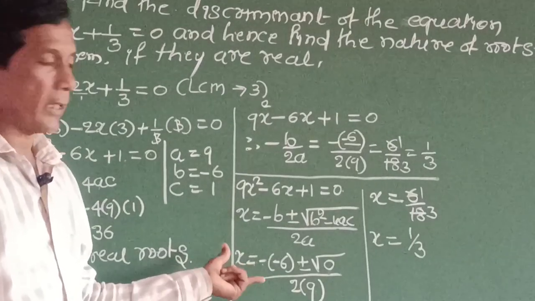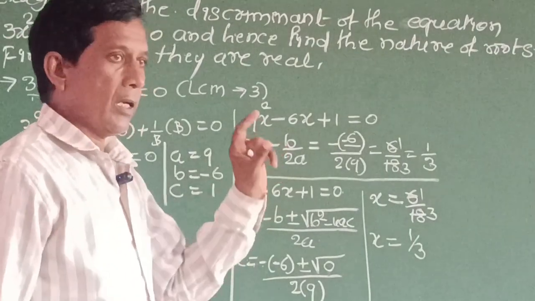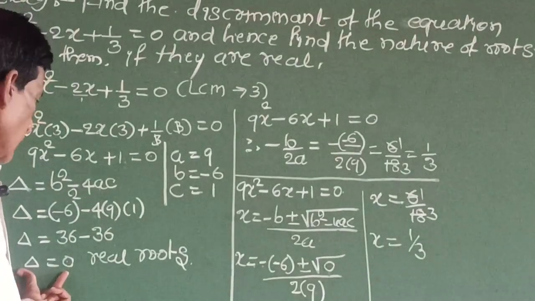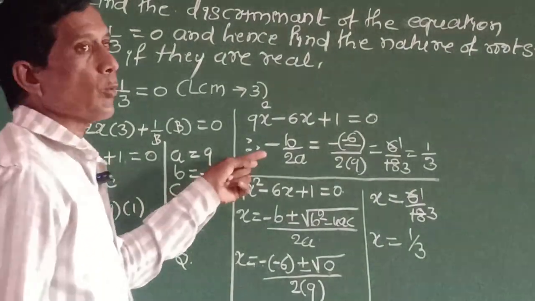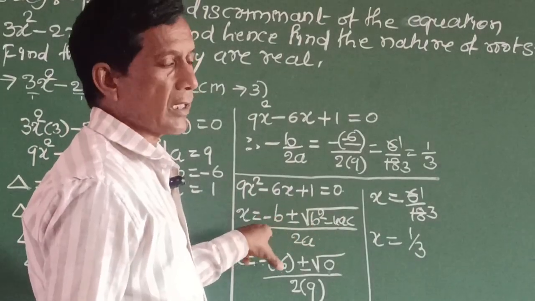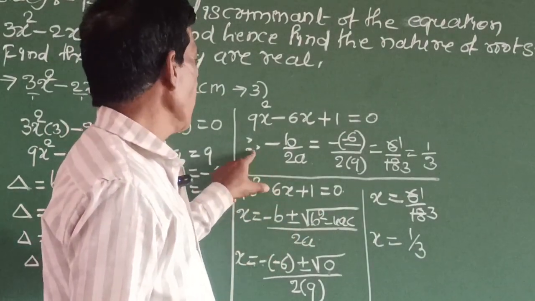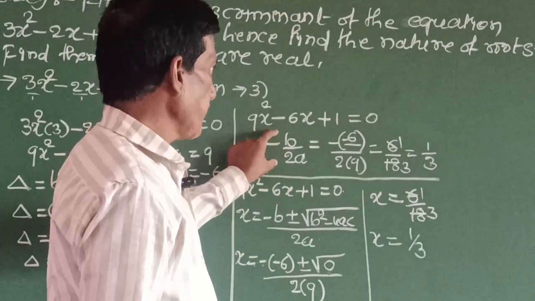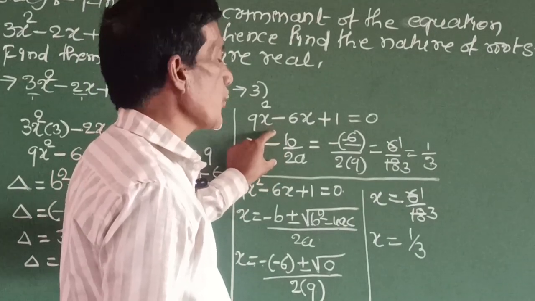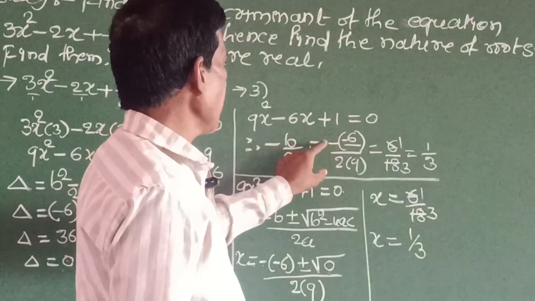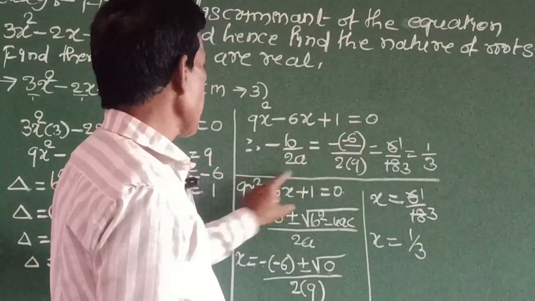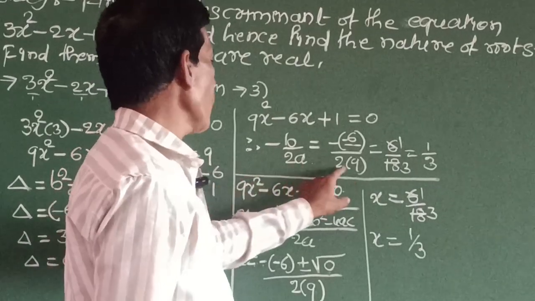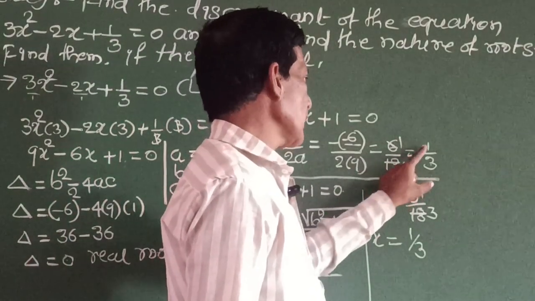So when delta equal to 0, directly find the root using minus b by 2a. The b value is minus 6 and 2a, with a equal to 9, is 18, so the answer is 1 by 3.